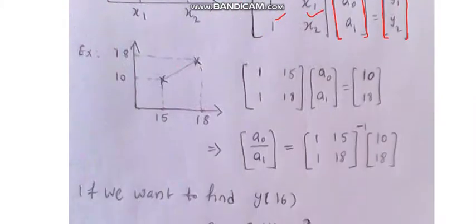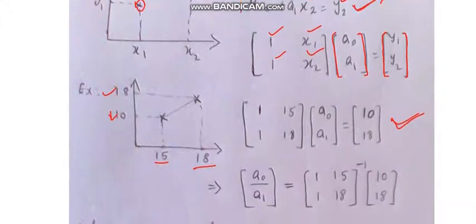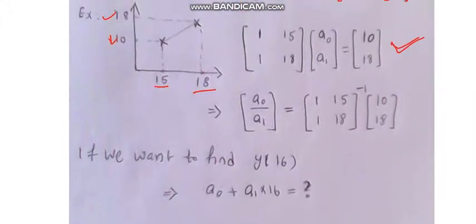Then you consider an example. If you are having 15 and 18 as x1 and x2, then you have y1 and y2 as 10 and 18. So then we can write the matrix representation like this, as in the previous case. This is just a0, a1, a column matrix. So you can erase this, this is not there.